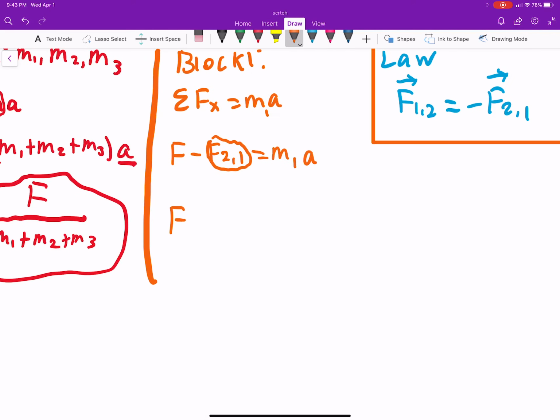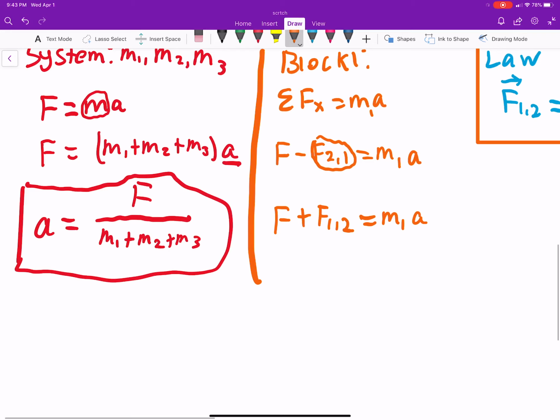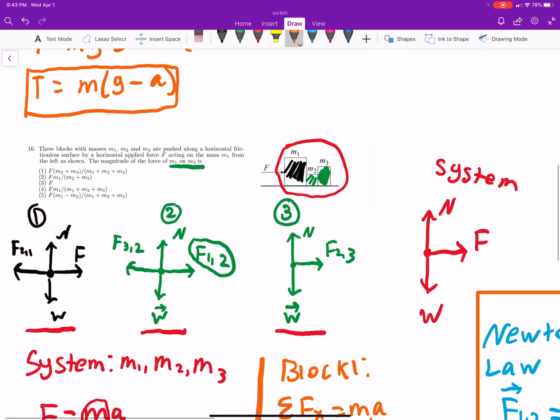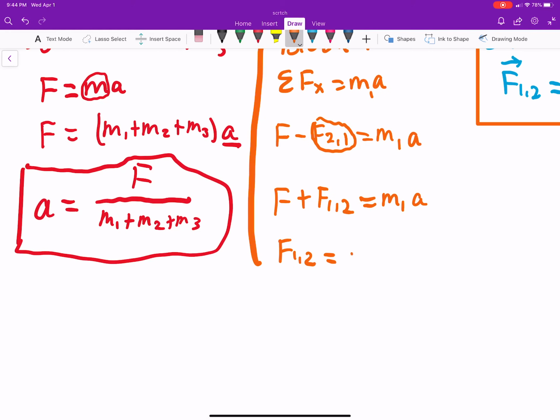So our force plus F1 onto 2 is equal to M1 times our acceleration. Or F1 onto 2, which is the force we're looking for, right? We want to find F1 onto 2, is M1A minus our force.